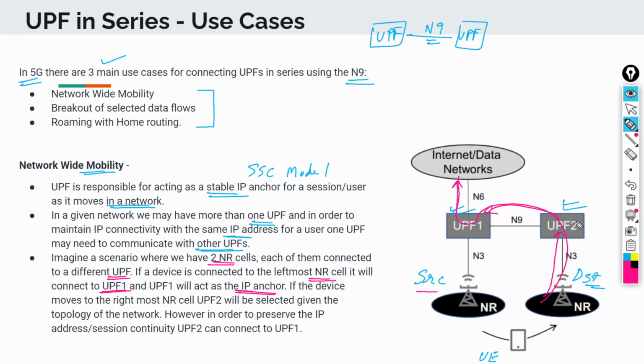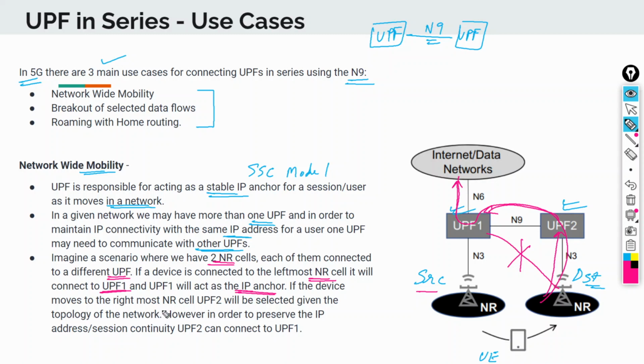Because of the topology, the only connection that the NR has is to UPF2. We could not have used UPF1 because there is no direct path. This path does not exist. That's why we have to use UPF2.